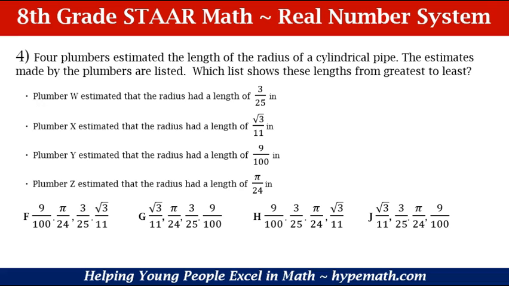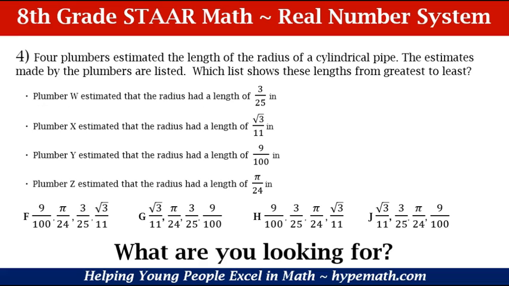For answer choice H, it's 9/100, 3/25, pi/24, square root of 3/11. And lastly for J, the square root of 3/11, 3/25, pi/24, 9/100. I almost made that into a rap, but I wanted to save your ears.